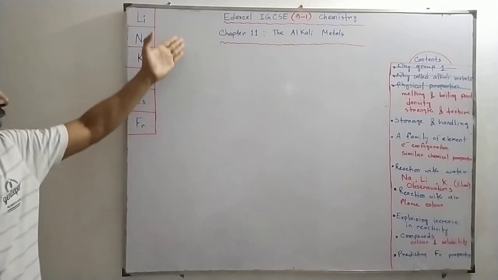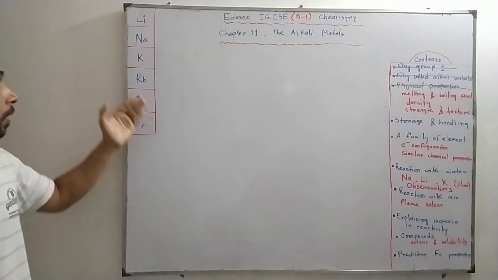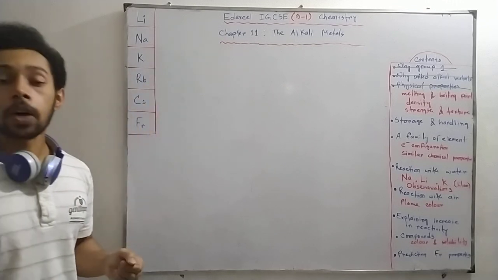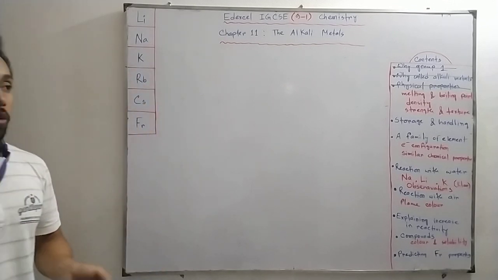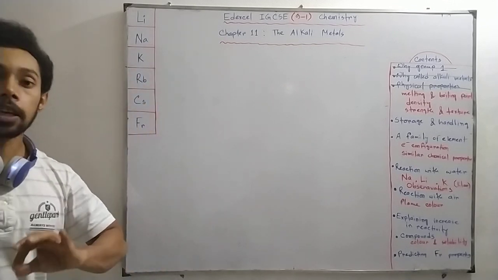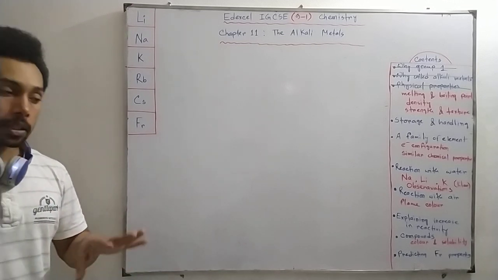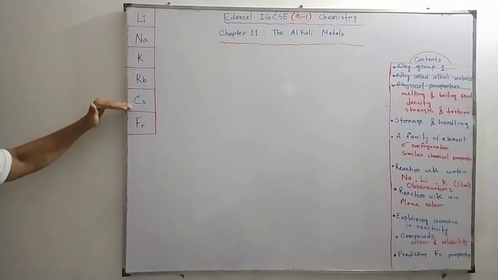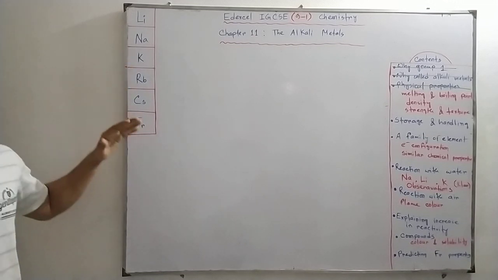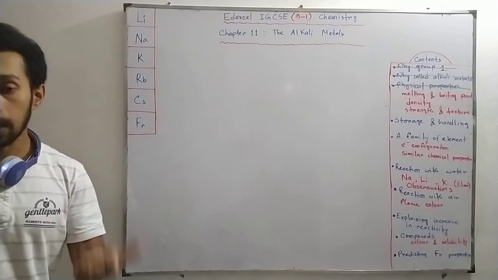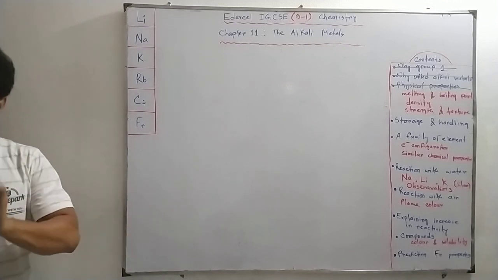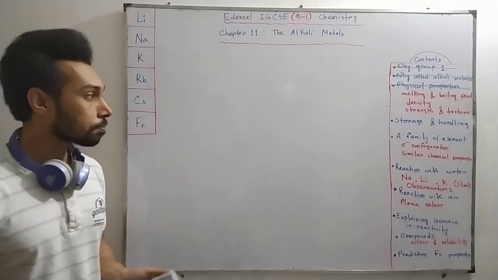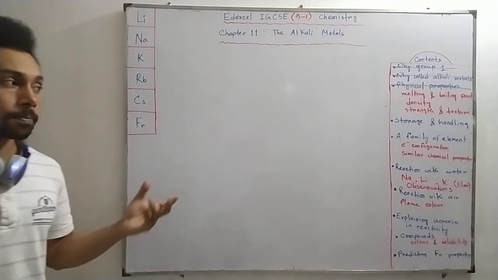Since reactivity increases down the group, the reaction between rubidium or cesium and water or oxygen will be more vigorous. To avoid any explosion or vigorous reaction, these metals are kept in a sealed glass tube to stop any possibility of oxygen getting at them. And how to handle them?